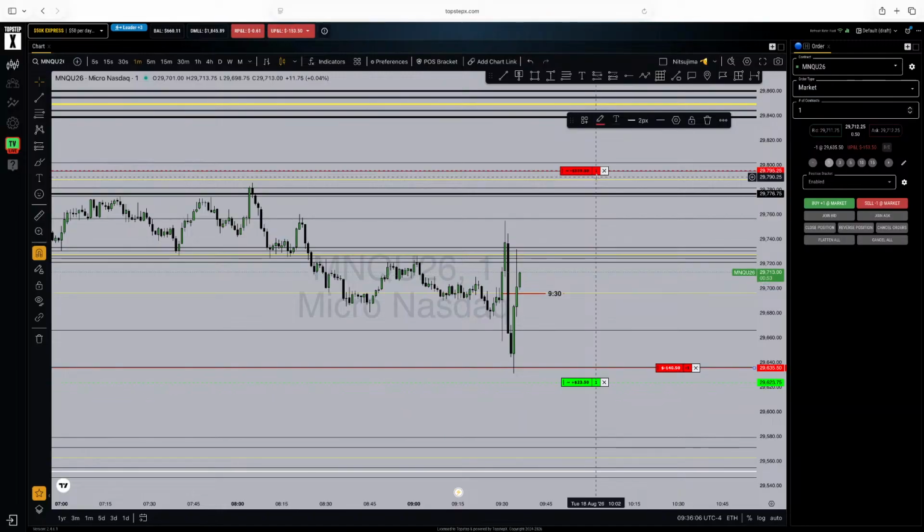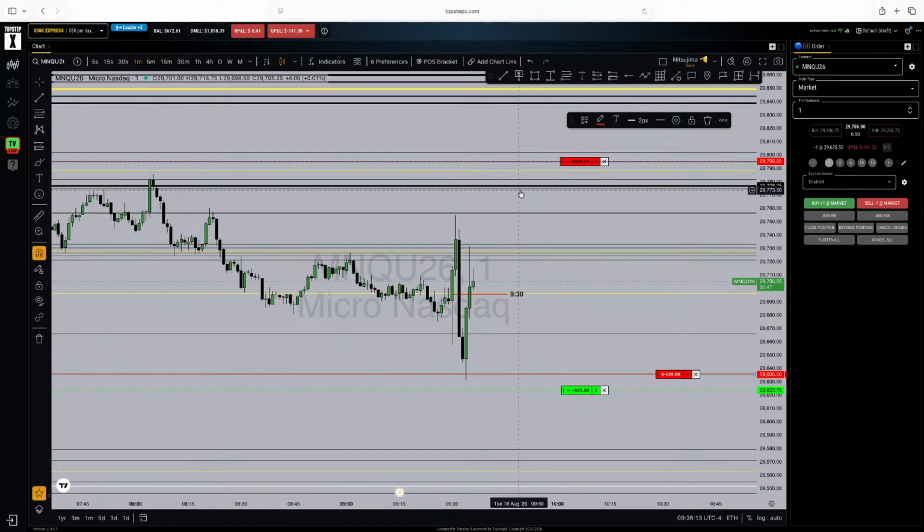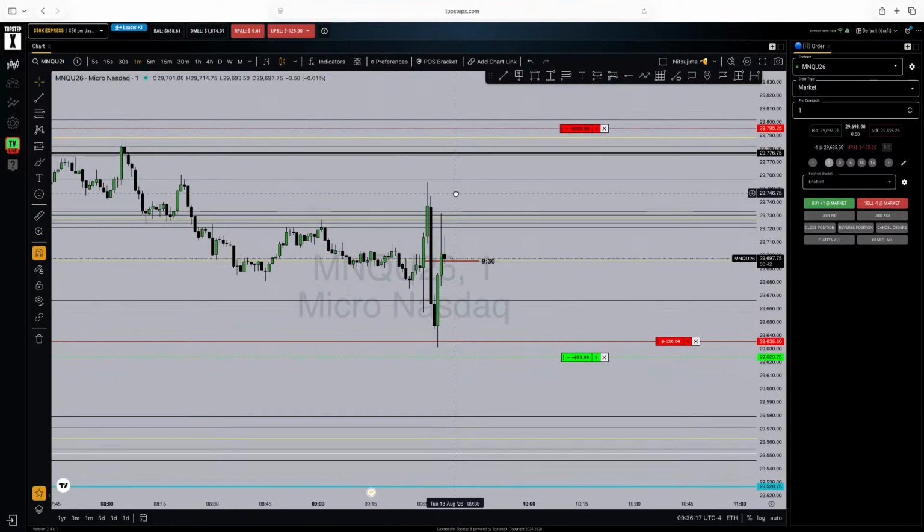Relative equal highs resting up there, so easy target, but doesn't have to be for right now, but could be within the first 9 minutes, so before 336.